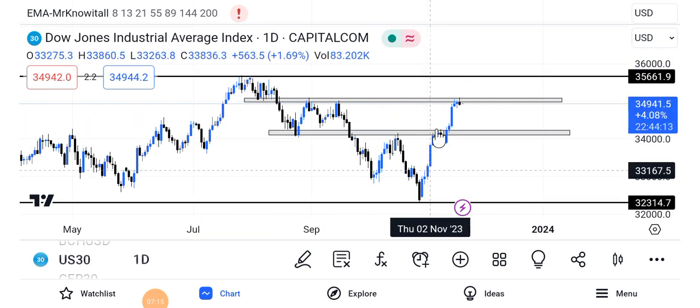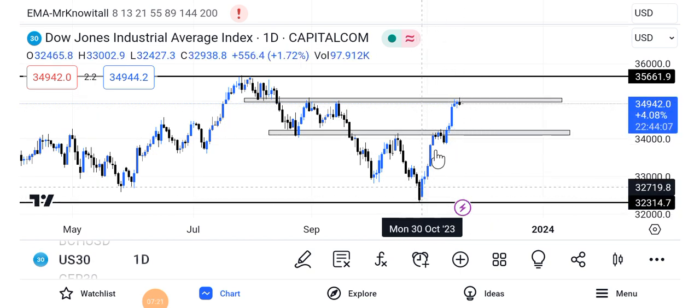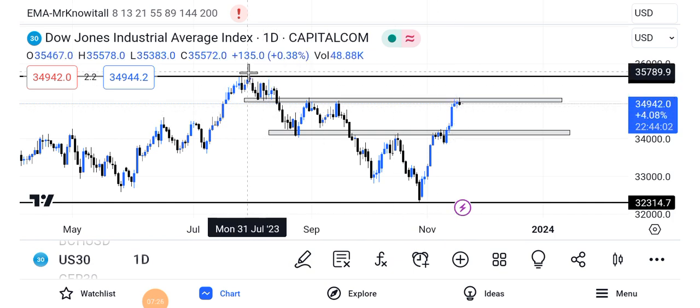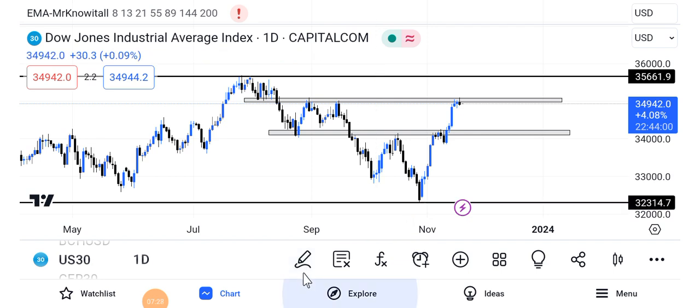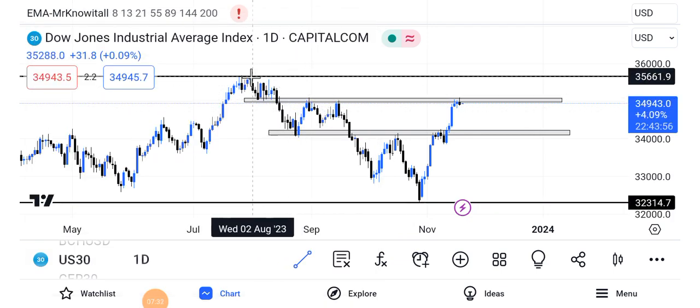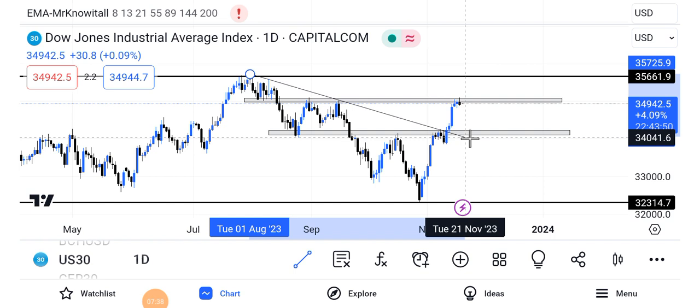We can see that this impulse move that took place from here to here has gone all the way up, but in overall the market is bearish, right? So we're going to identify that bearish trend that we had right there, and draw our trend line just like that.